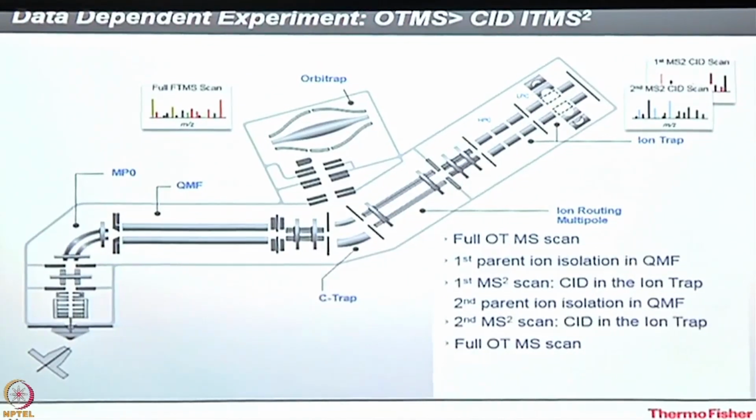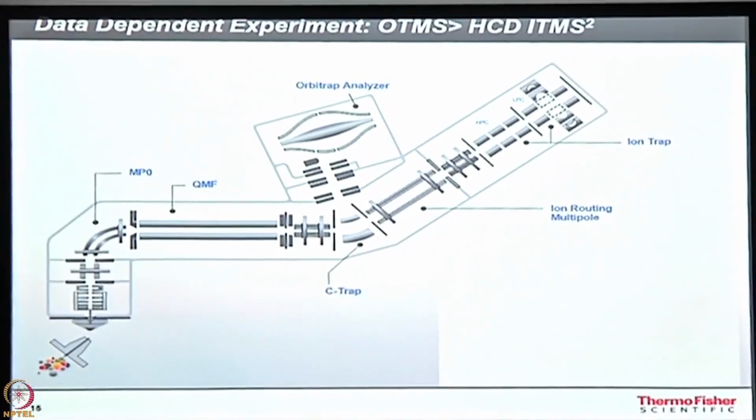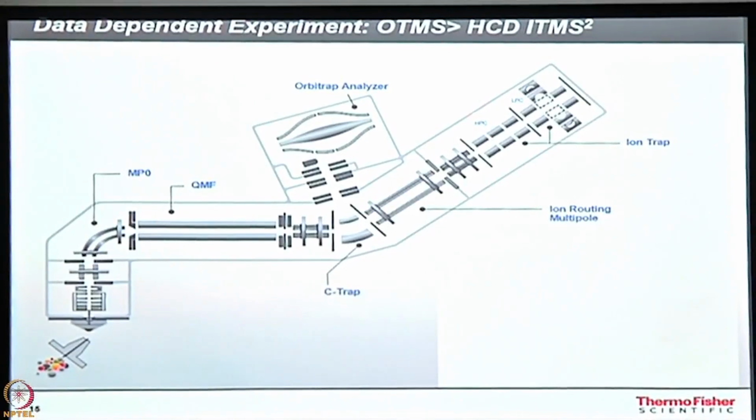The second experiment is the HCD. In the first experiment we did CID, and the fragmentation happens here. Now in case of HCD, the fragmentation will happen here. In the same way, the full MS will stop here, then go to the Orbitrap for analysis.